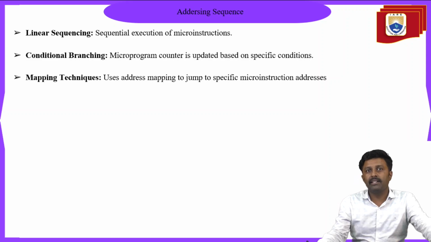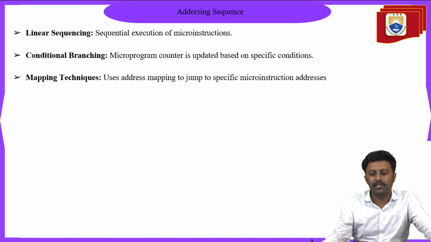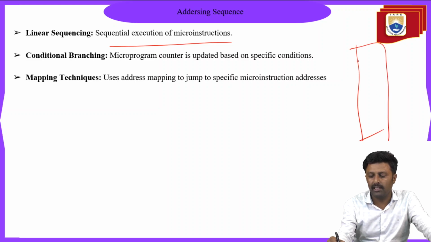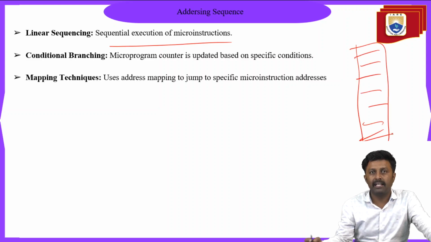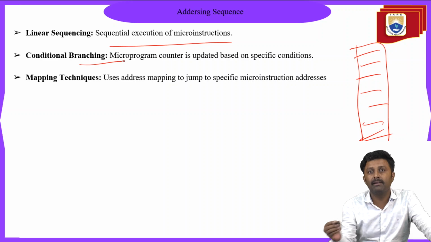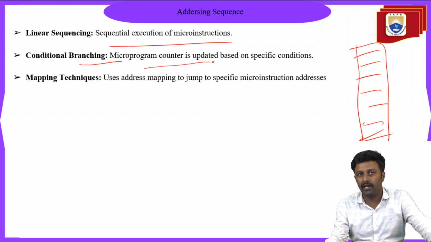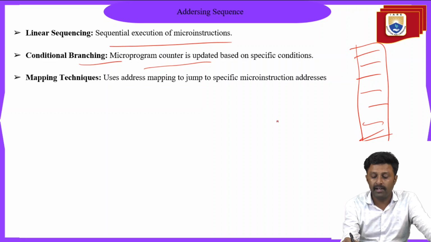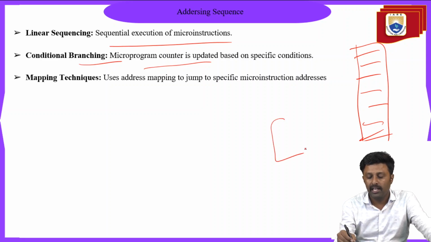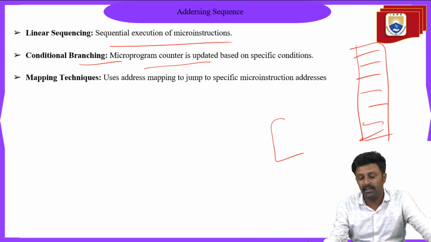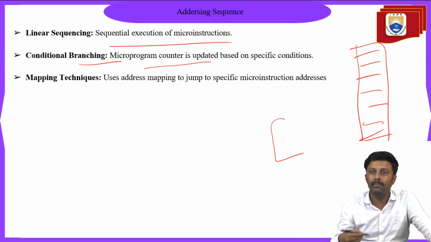In linear sequencing, the microprograms are executed sequentially, that is, the instructions are executed one by one. In conditional branching, the microprogram counter is updated based on a specific condition, so it goes to the particular branch and the instructions are executed based on that condition.